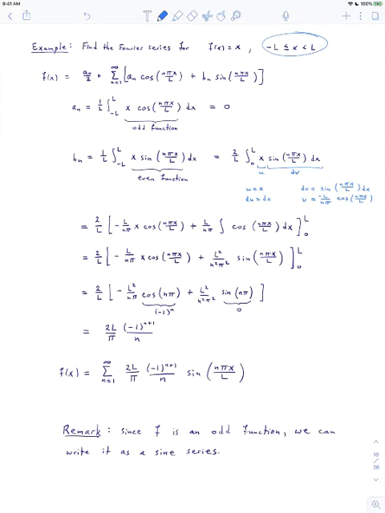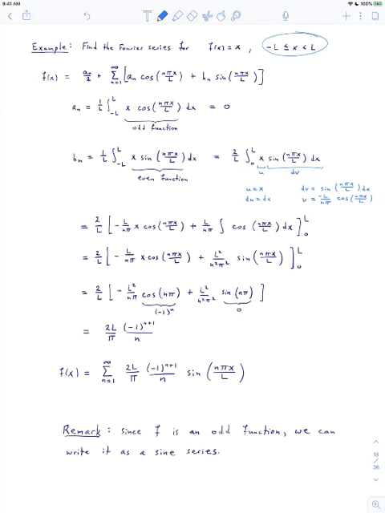And if you integrate an even function over the symmetric interval from minus L to L, then that's the same as twice the integral from 0 to L. Because an even function is symmetric about the y-axis, everything to the left of the y-axis is the mirror image of everything to the right. So we just need to integrate from 0 to L and then double it. That just makes the computations a little bit easier.